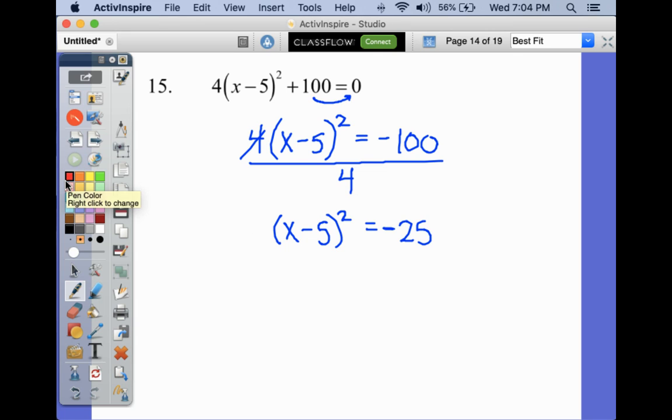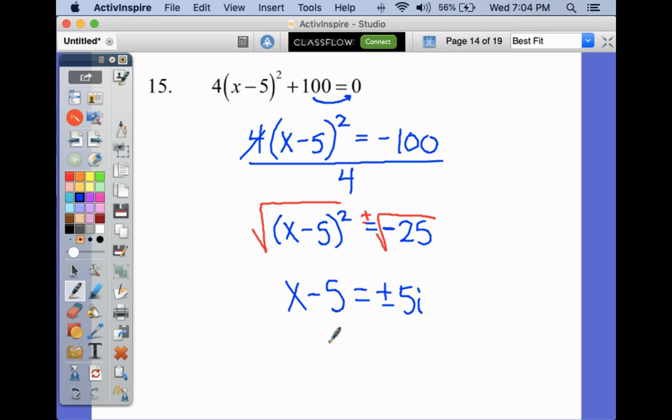Now we can take the square root. We got x minus 5 equals plus or minus 5i, and add the 5 over, so x equals 5 plus or minus 5i.